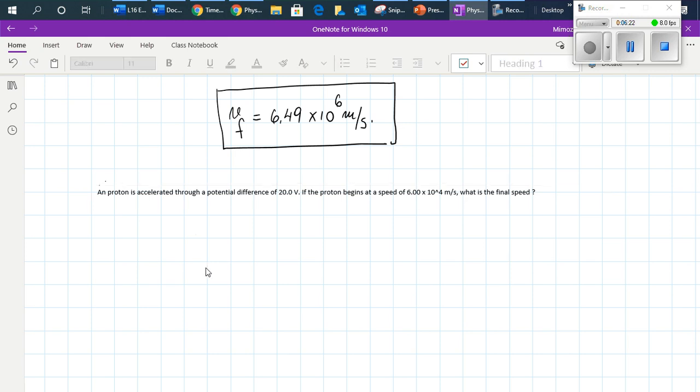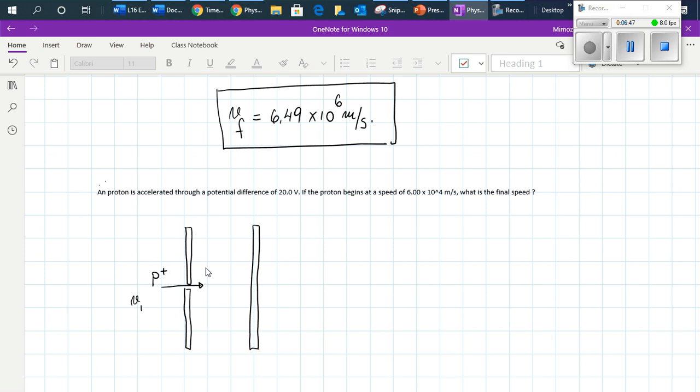So the situational diagram in this case will look something like this. We have two plates, and in one of them we have a hole in which we will be able to insert those protons that are accelerating, proton beams, or just a single proton.